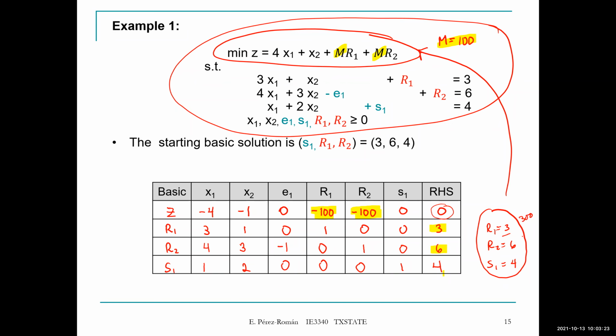If you multiply R2 by 6, that's 600. So the objective function should be equal to 900, not 0, which is what's showing here. So we need to make sure that this tableau is consistent with the solution that you should have based on those values. So we just need to do one extra operation, and that will be solved.